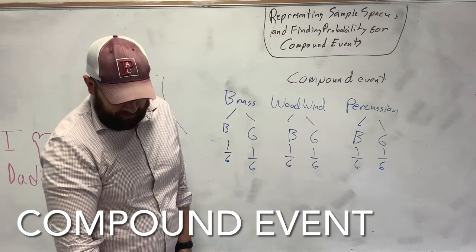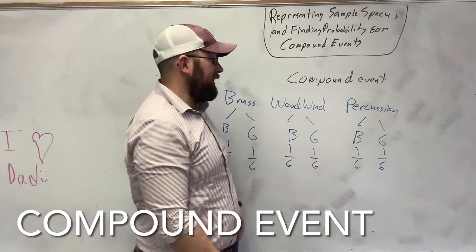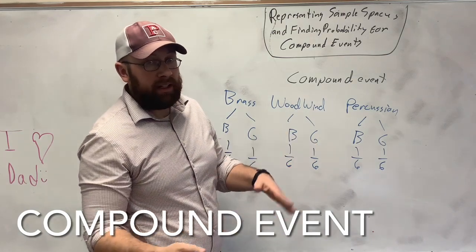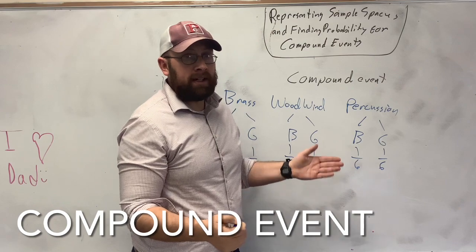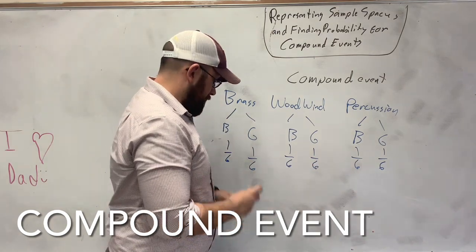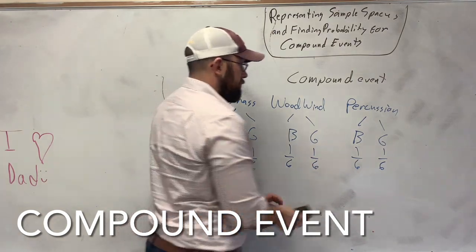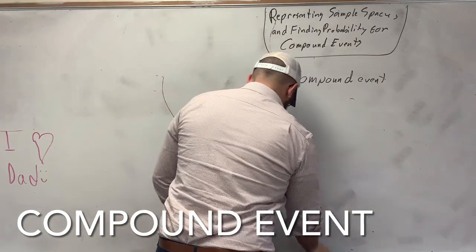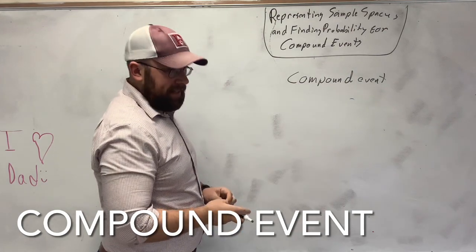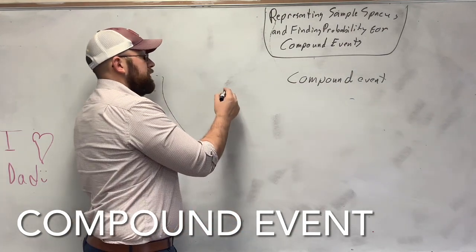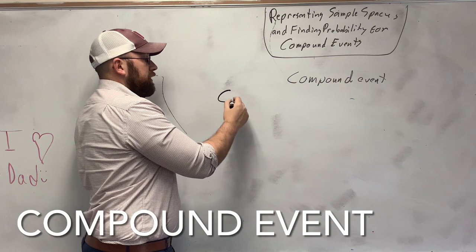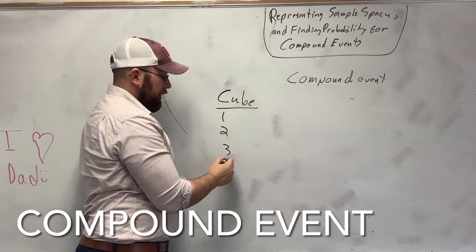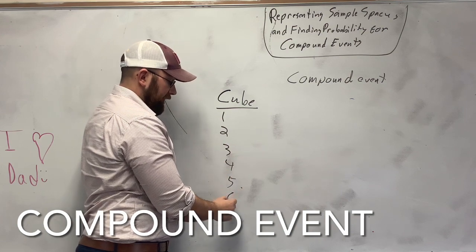Now a compound event would be taking this, which is an independent event, and then taking the coin and the cube and combining them together. Now let me explain how that's going to work. We're going to assign different things to the cube and the coin. So we'll say the cube: 1, 2, 3, 4, 5, and 6.